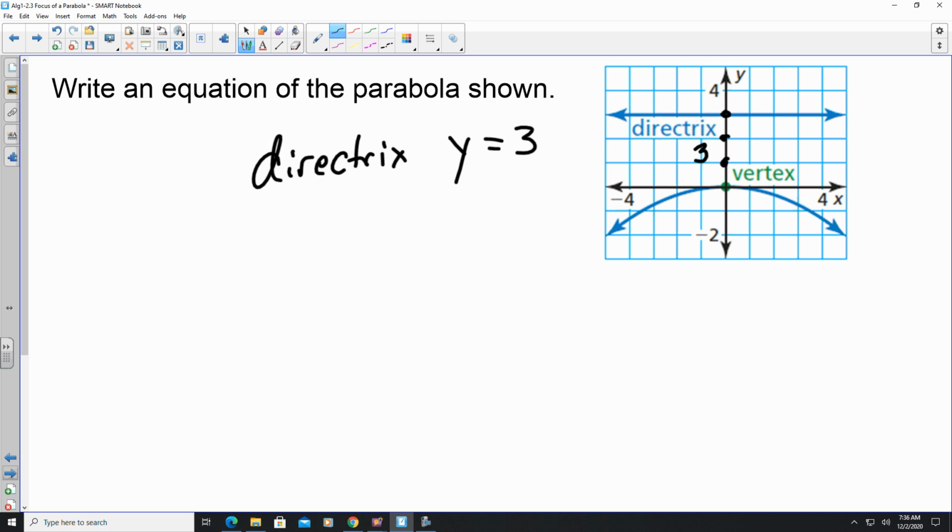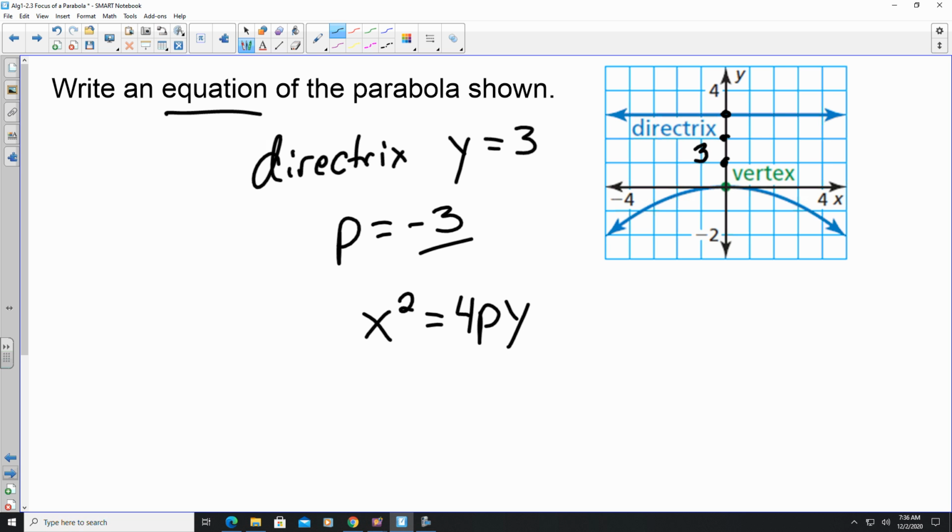So that means that my value for p is the opposite of that, which is now going to be -3, which makes sense because my parabola is shaped like an upside down U. Because it's an upside down U shape, we are going to be dealing with an x squared equation. So we are going to be using the general equation x squared is equal to 4py. And all we got to do is write the equation.